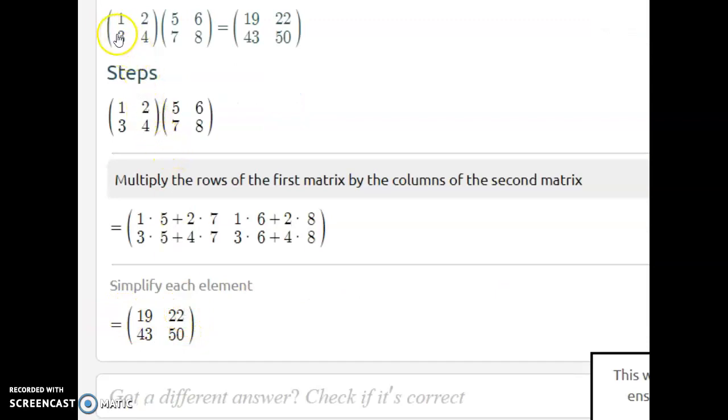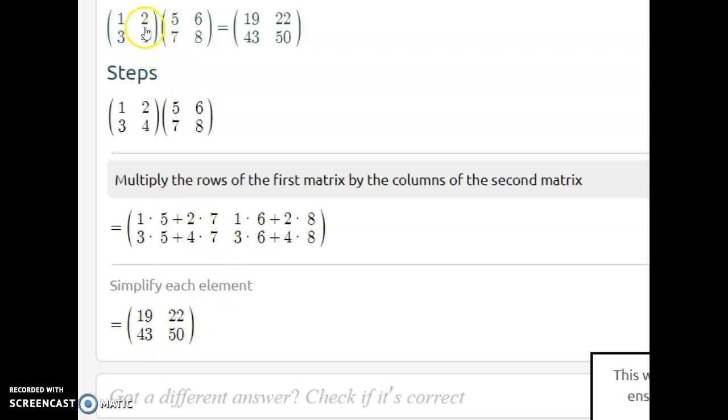Okay, then second row times first column, so 3 times 5 plus 4 times 7, there it is. And remember I said second row, first column, so it's going to go into the second row, first place, and that's the 43 that you see here.